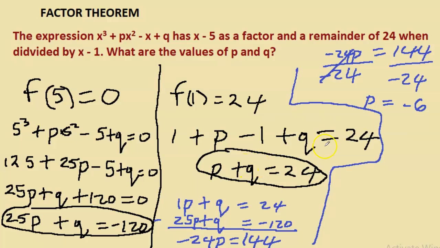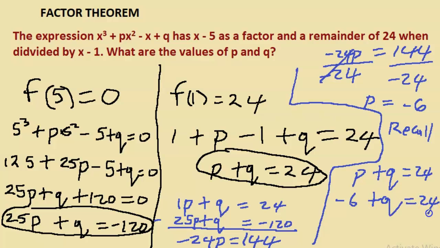But remember, we know p plus q was equal to 24, right? So we are told that p is negative 6. So negative 6 plus q equals 24. So add 6 to both sides. This minus 6 will become 0, and we add 6 to the right hand side: 24 plus 6. So the value of q is 30. So q is 30 and the value of p is minus 6.